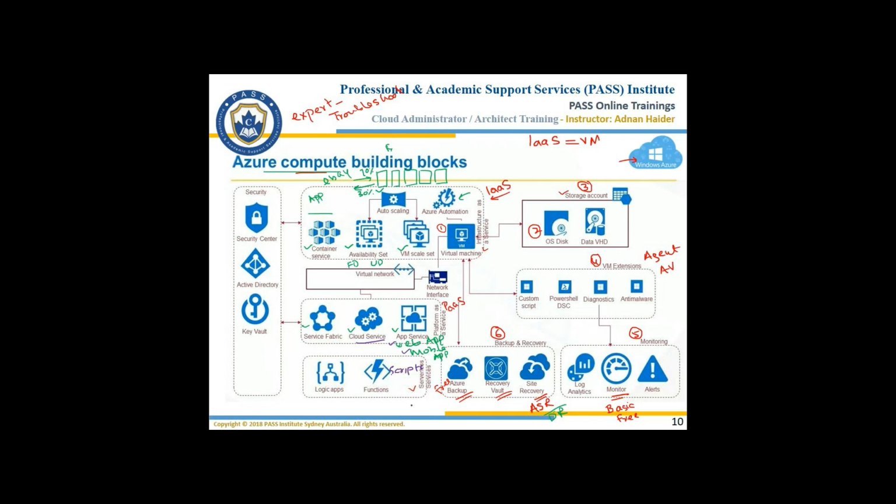How do you create one server? Let's take an example of a web server. In order to create a web server, I would need a VM, and then within the VM, I would install the OS, and then once the OS is installed, I will install the IIS service, and then I need to set up the IP addresses and everything.